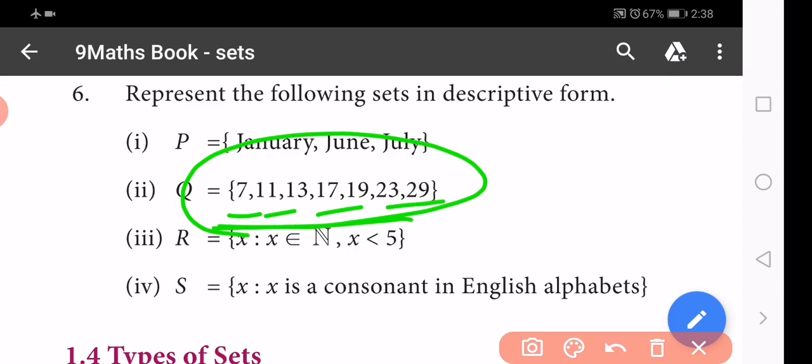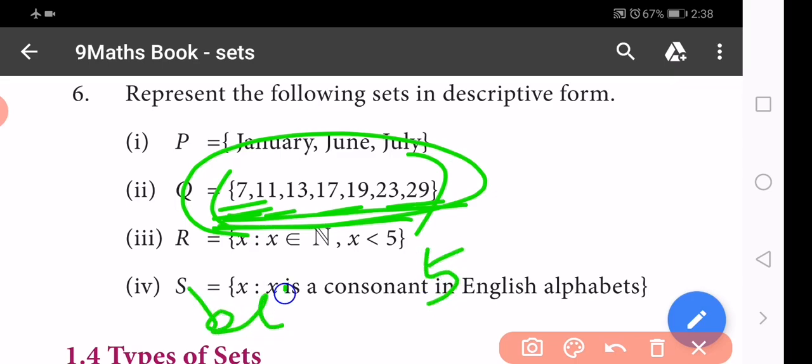Then how to write the set of all prime numbers? The set of all prime numbers. Then we use the condition. Which one is the start and which one is the last number? Before 7, which is a prime number? 5.